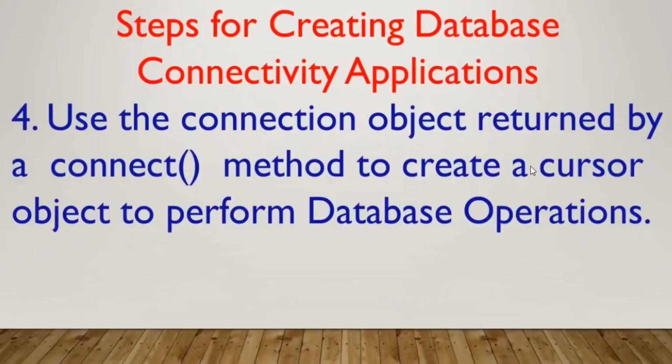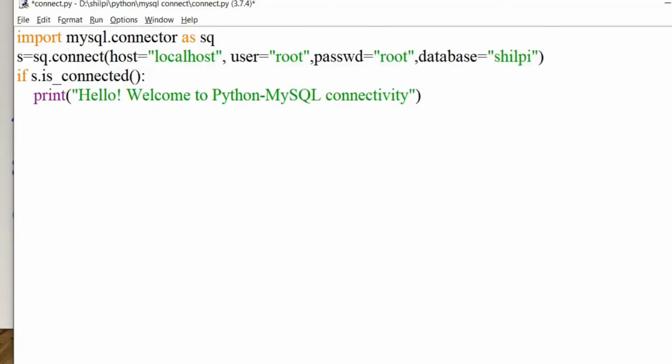The next step which I told you is to create a cursor object by the connect method. So the function which we are going to use is connection.cursor. We will create a cursor. This is a user defined name, and the function which we are going to use is s.cursor.